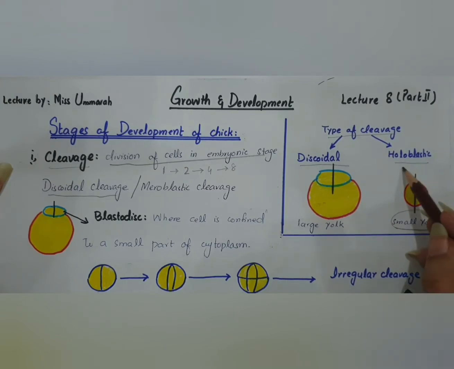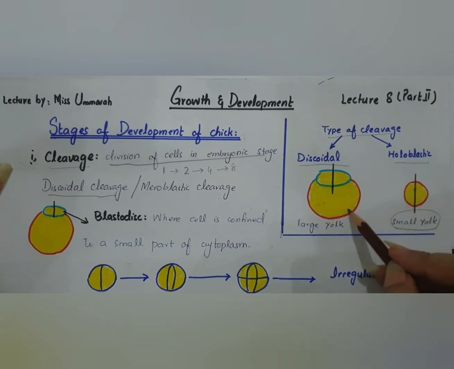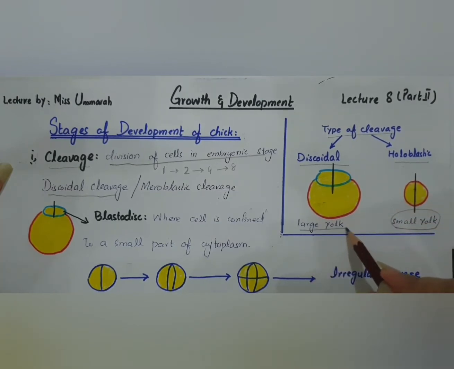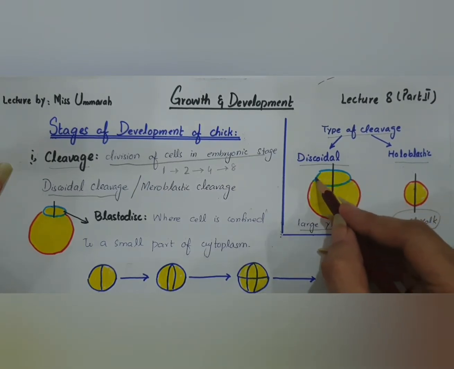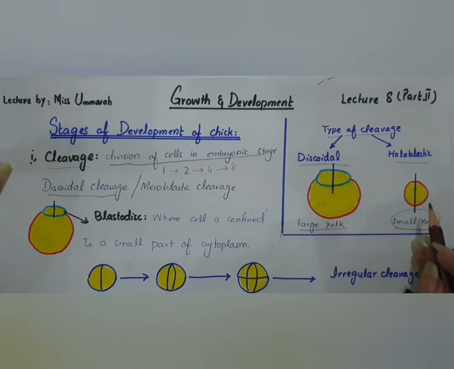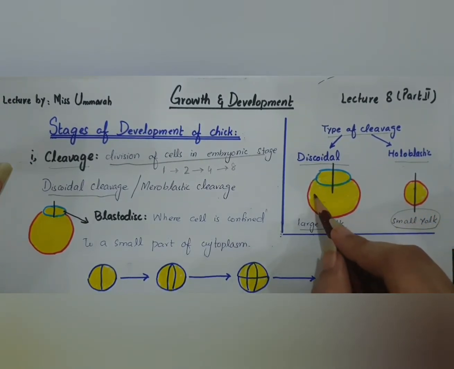This is called holoblastic cleavage. But there are some types of eggs that have a large amount of yolk. In that case, only a small portion will divide into two, then four, and so on. This is called discoidal cleavage.